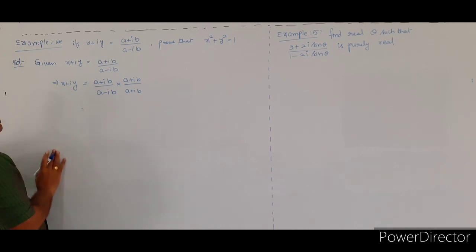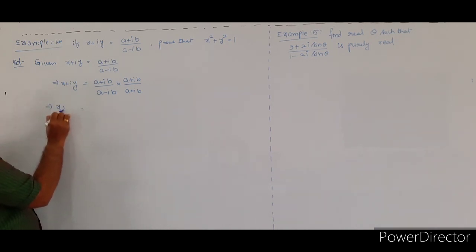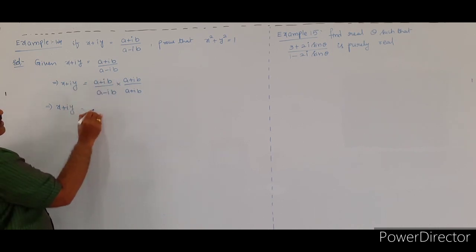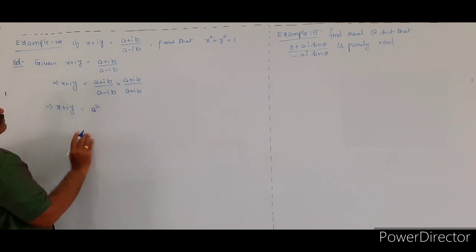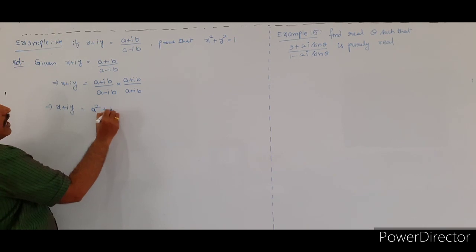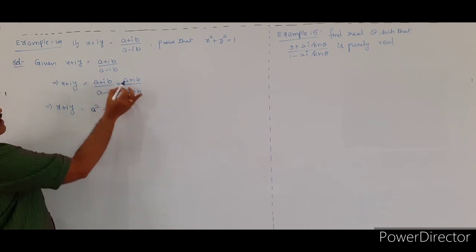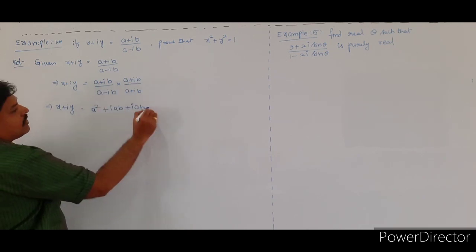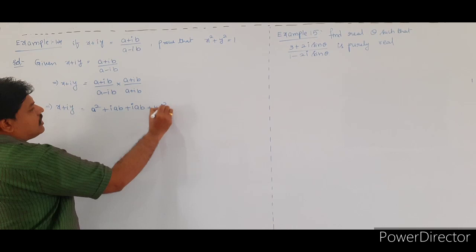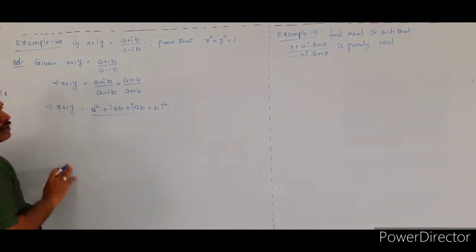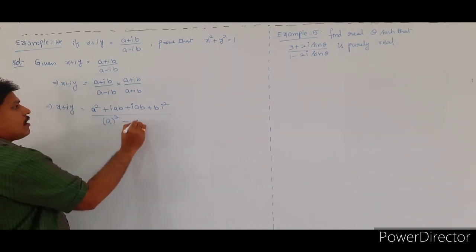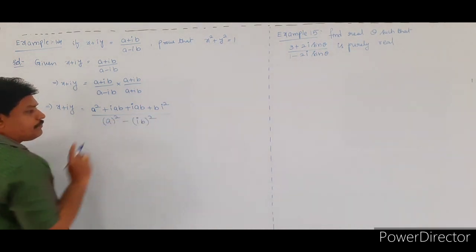So what happens? That implies x plus iy is equal to, multiply the numerator and multiply the denominator. A into a is a square, a into ib is iab, ib into a is nothing but iab, ib into ib is b i square. In the denominator, a minus b into a plus b form, so you can take it as a square minus b square.